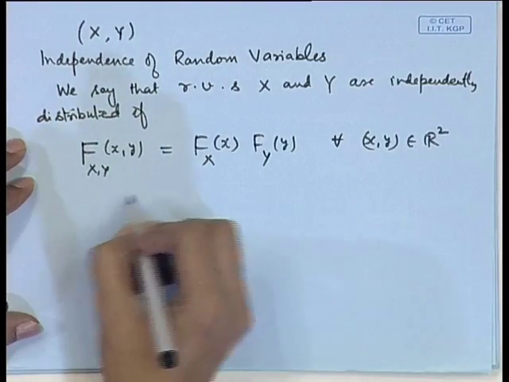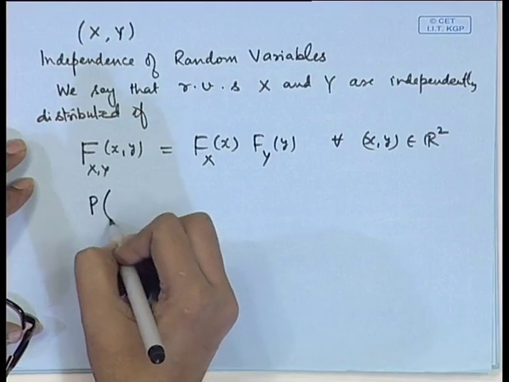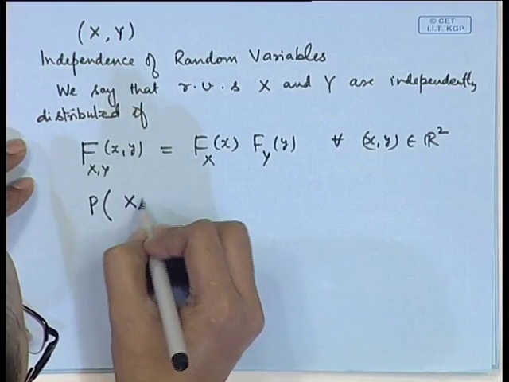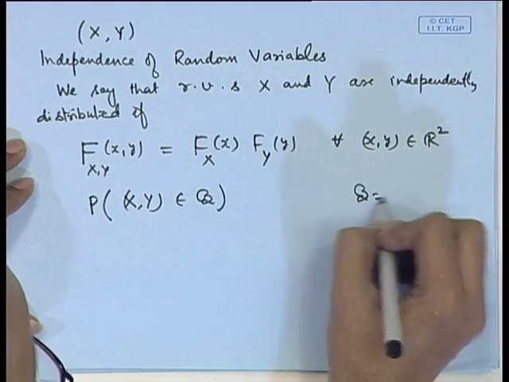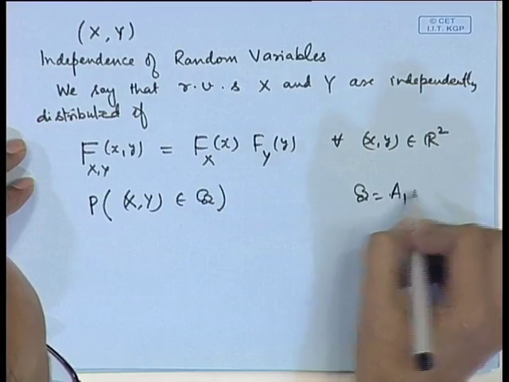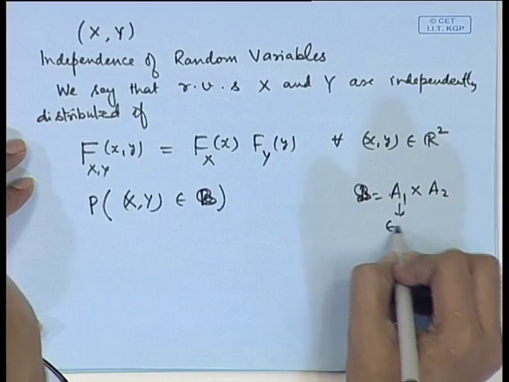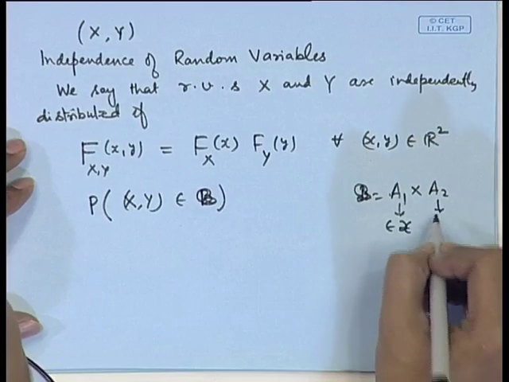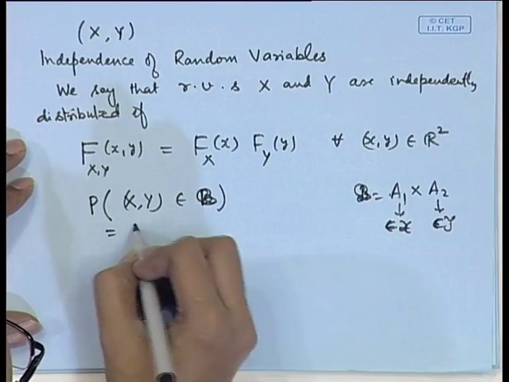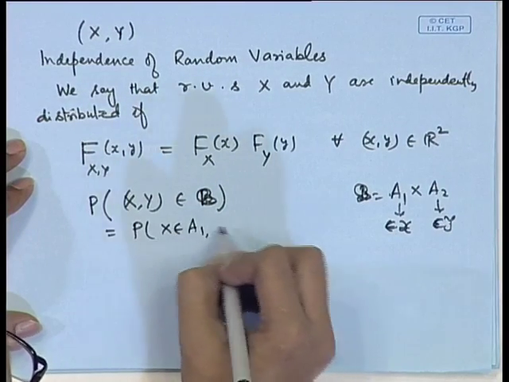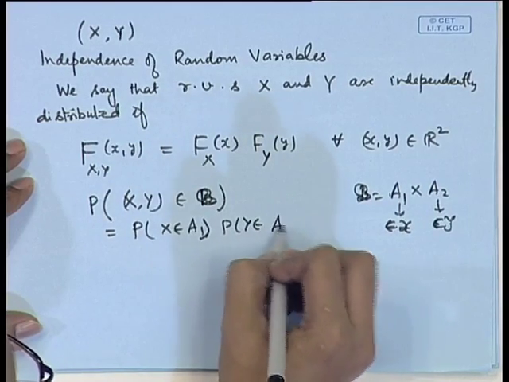Basically, if we do not make use of the CDF, we should be able to say that if we are considering a set B in the two dimensional plane which can be expressed as a product of two sets A1 and A2, where A1 is in the space of x values and A2 is in the space of y values, then the probability should be equal to the probability of X belonging to A1 times the probability of Y belonging to A2.